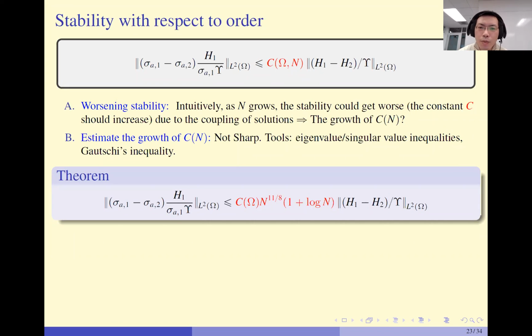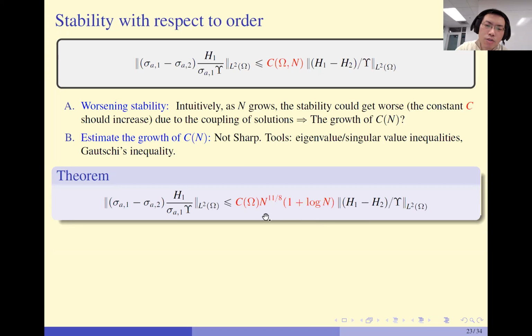The constant will grow polynomially in terms of n, and we can show that the growth constant is proportional to about n to the power of 11/8, up to a log factor. So it is not that bad. It's not as bad as exponential, but it's just some kind of polynomial type of growth.